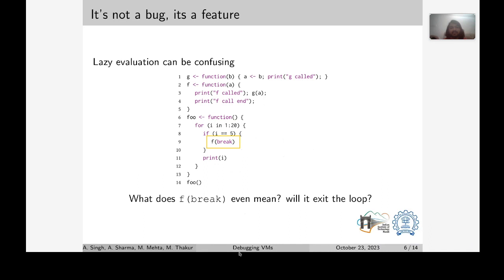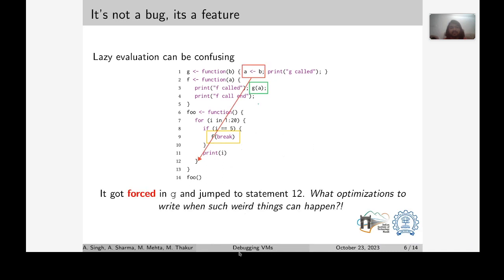So in case of R, which supports lazy evaluation, this is indeed not evaluated and just simply gets passed to f. And when f is executing, it instead passes this argument back to g. And when we do that and assign it to a local variable inside g, it gets forced.